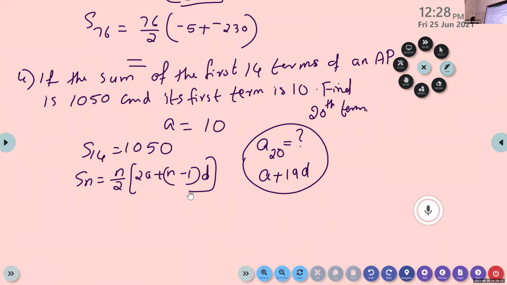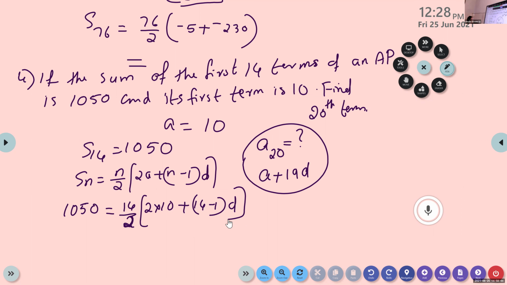So Sn is 1050. 1050 equals n by 2 into 2a, 2 into 10, plus n minus 1 into d. N is given as 14, so we can substitute: 14 by 2 into 2 into 10 plus 14 minus 1 into d.